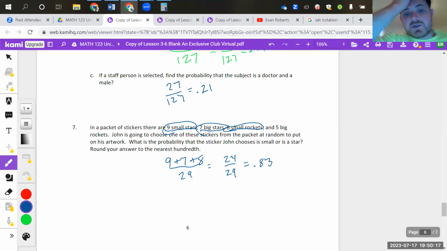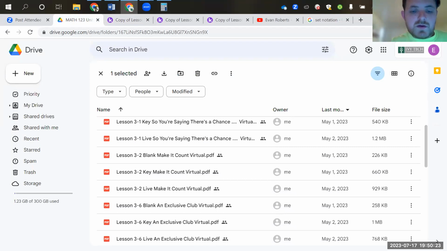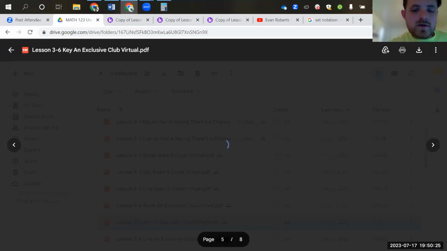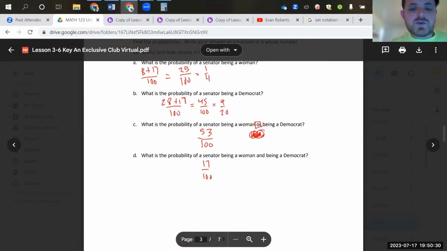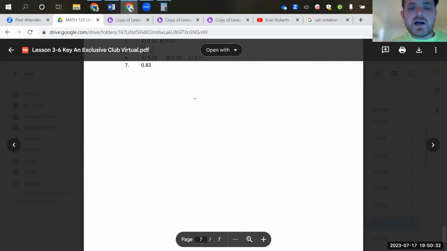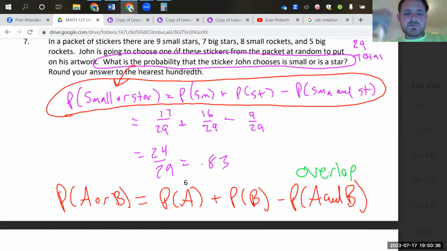You definitely could use the formula if you want. If you have the notes pulled up, I walk you through how you would use the formula there. But the more I teach this, it's like, wow, maybe I shouldn't use the formula because it makes it more confusing.